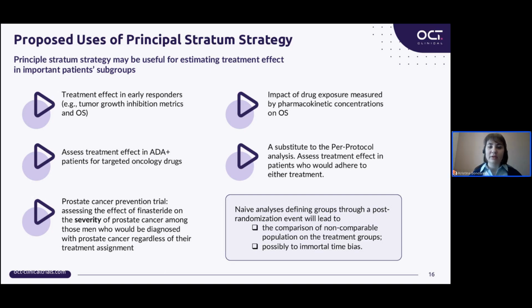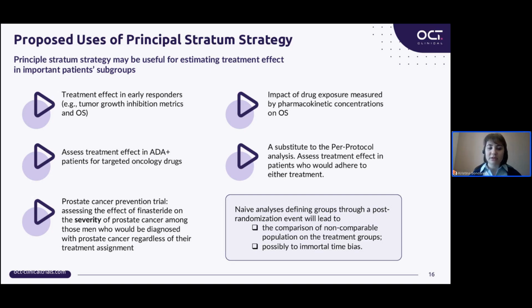Another example is from a real study, the prostate cancer prevention trial, in which about 19,000 men were randomized to finasteride or placebo. Men randomized to finasteride had lower rates of prostate cancer.